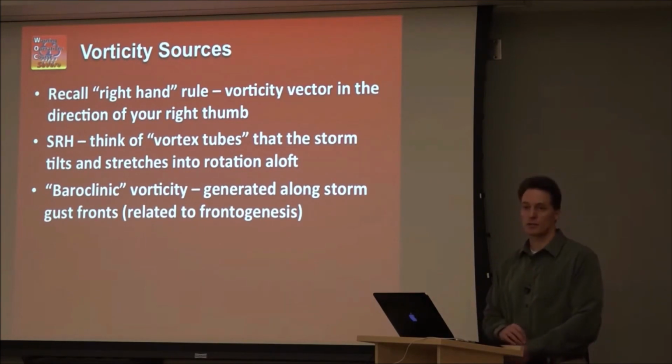Here we've got SRH, which is storm relative helicity, as a way to quantify those vortex tubes. And then we also talk about baroclinic vorticity. This will be a little more qualitative because we rarely have observations on the storm scale of the boundary gradients and that sort of thing.